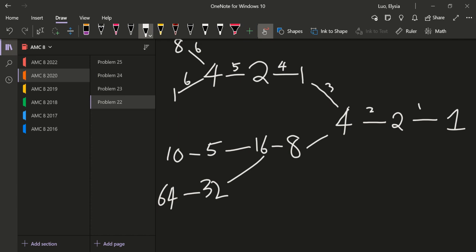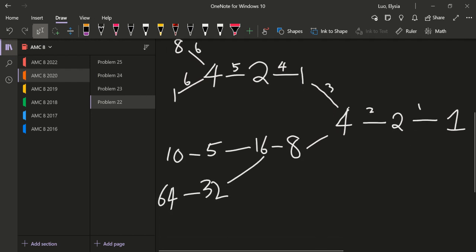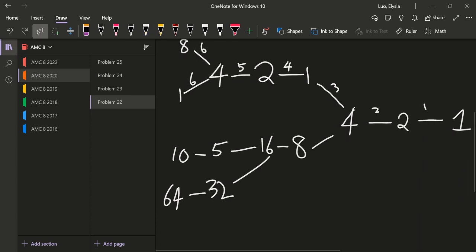Now, what are we going to do? Let's read the question again really quickly. It's asking, what is the sum of all such integers n? What have we just figured out? We figured out 8, 1, 10, and 64. But what do these values stand for? Each of these values stands for a different possible scenario where these numbers, 8, 1, 10, and 64, are the starting value of n.